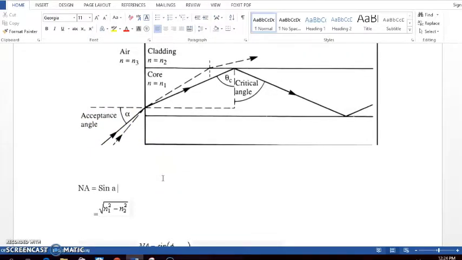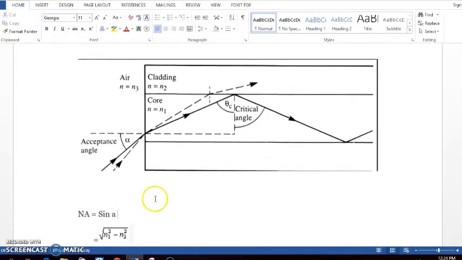Numerical aperture is closely related to the acceptance angle. It's given by the formula here. The numerical aperture is equal to the sine of the acceptance angle, and another formula is the square root of n1 squared minus n2 squared.